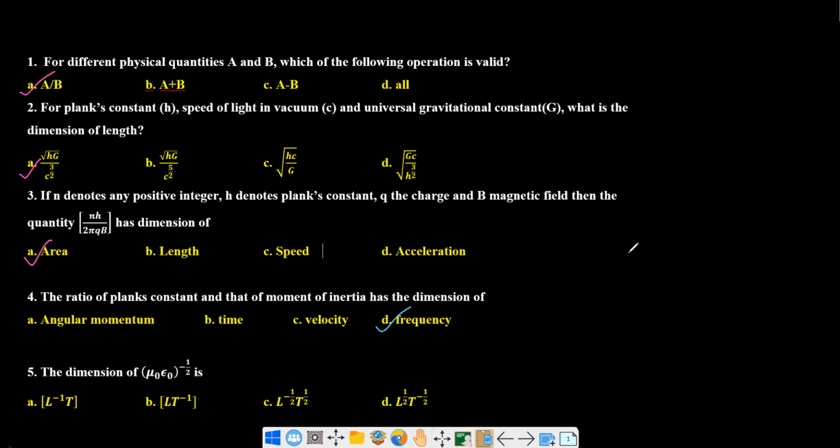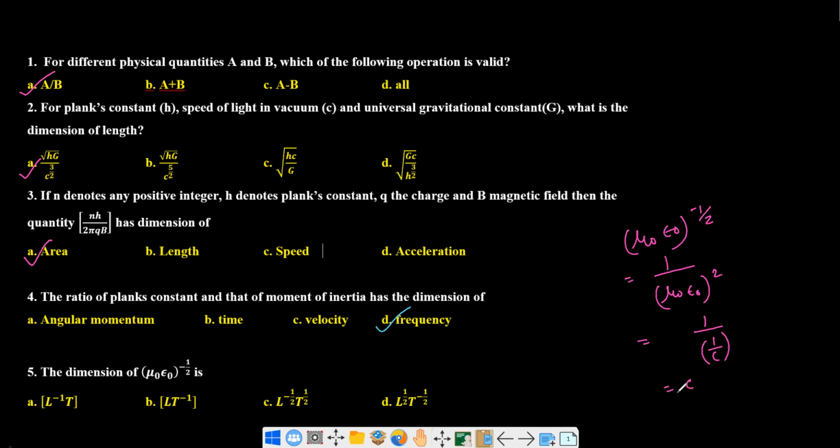So we can simply write mu naught epsilon naught to the power half as 1 by c, the velocity of light. So if we take this quantity to the power negative half, this comes out as c.